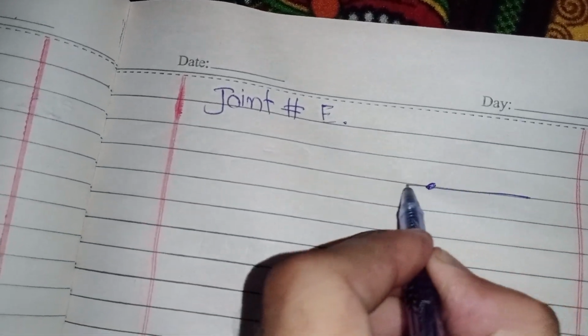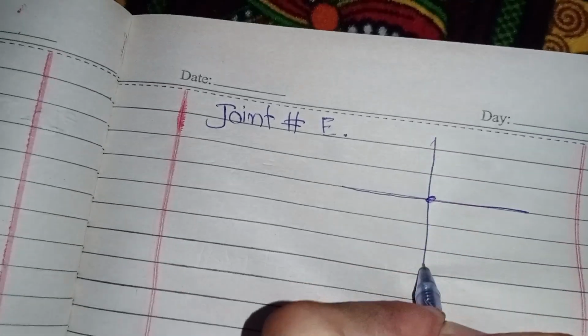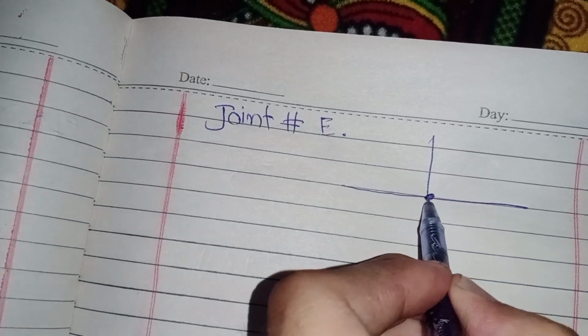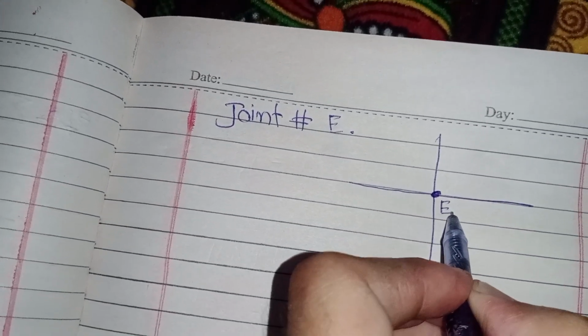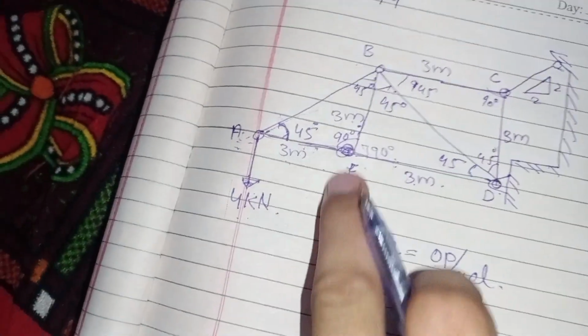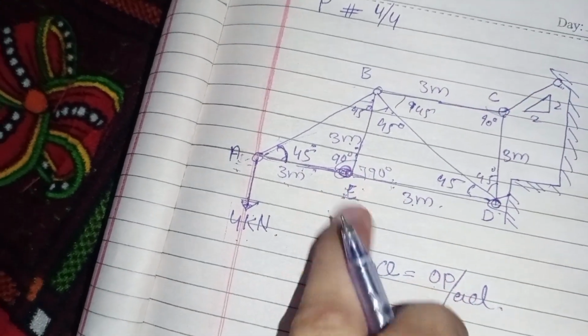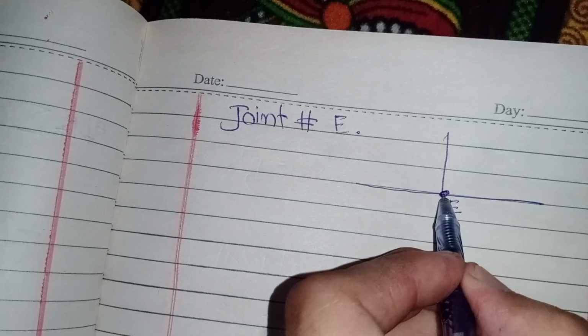I draw it in the XY plane. This is E, and one is vertical, two is horizontal.